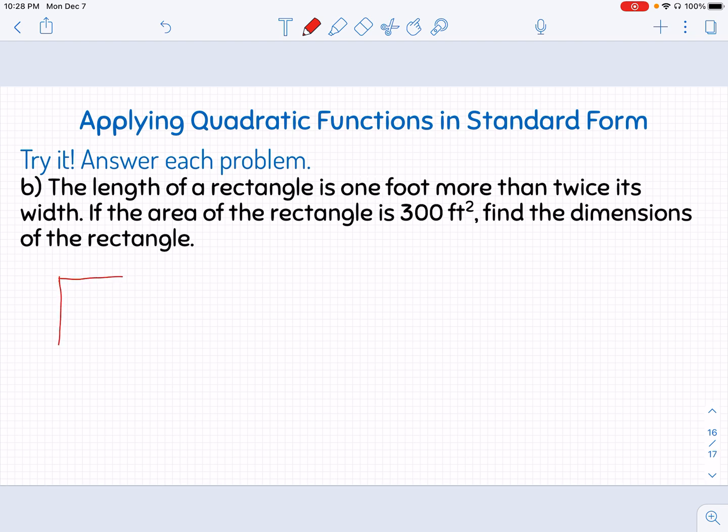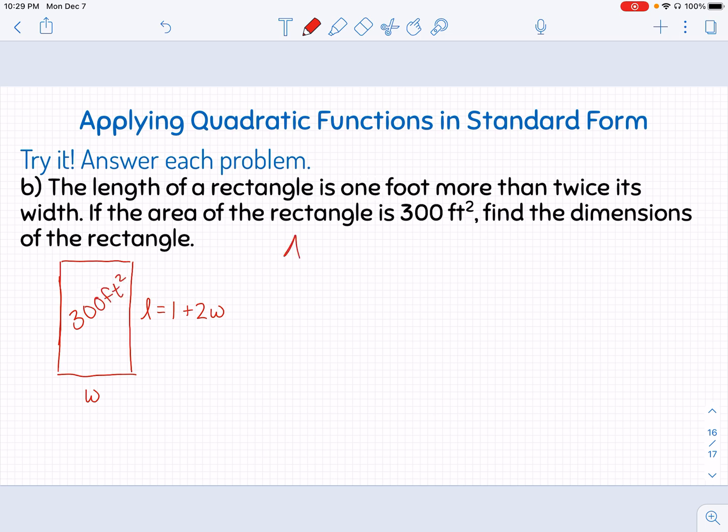Okay, so I'm going to draw a rectangle. It says the length of a rectangle is 1 more than twice the width. I also know that the whole area is 300 feet squared.